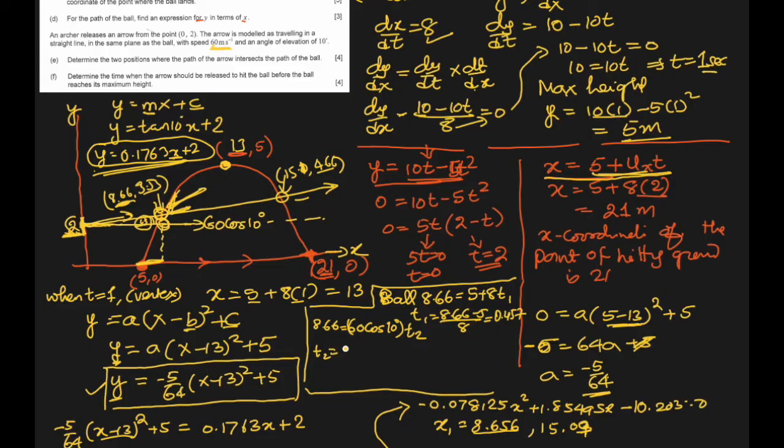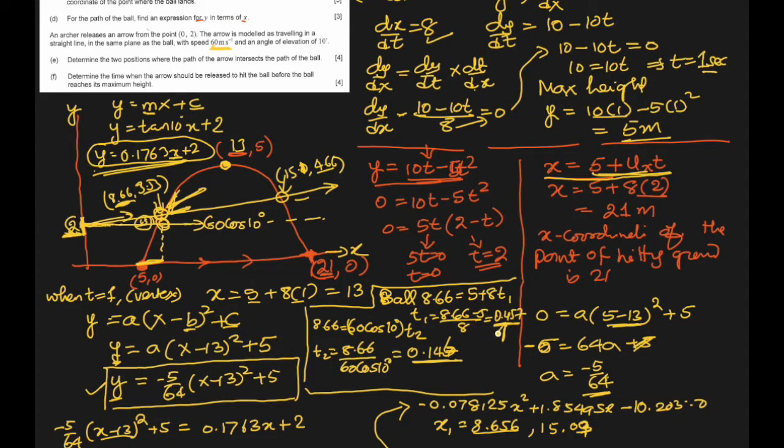So t2 will be 8.66 divided by 60 cos 10, which comes out to be 0.1464915. We can write 0.146. All right. So now the arrow will be at this position of intersection 0.146 seconds after it has been released, but the ball will take 0.457 seconds after being thrown.